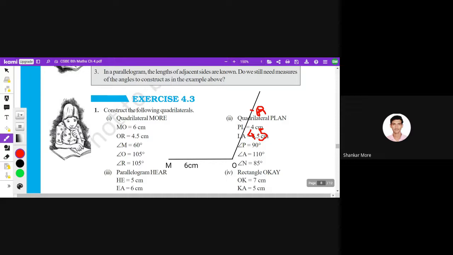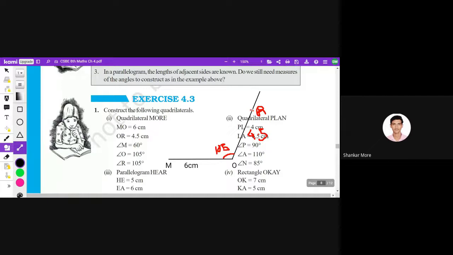So MO 6 centimeter draw कर लिया, OR 4.5 centimeter draw कर लिया, where the angle O is 105 degrees, right? Now angle R is given as again 105 degrees. So इस पे हमें फिर से एक लाइन draw करनी पड़ेगी R से.